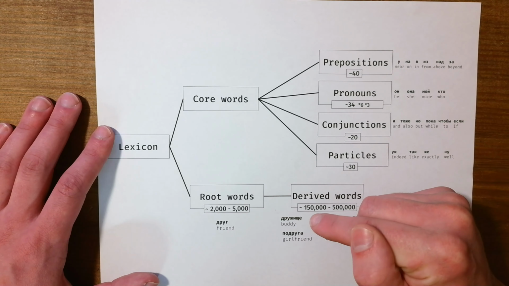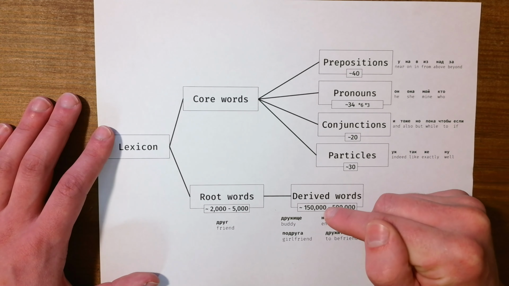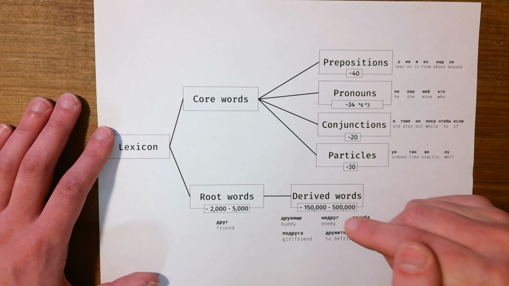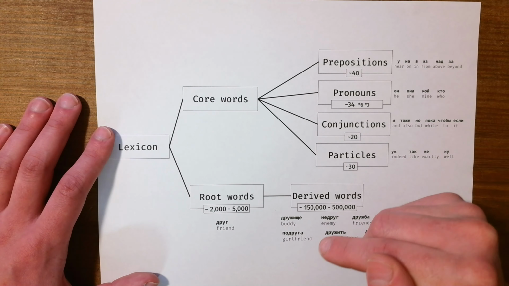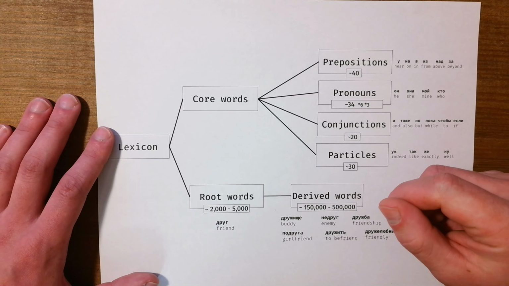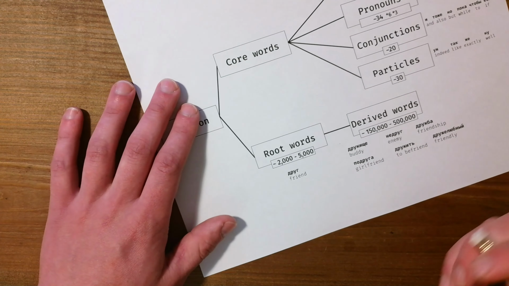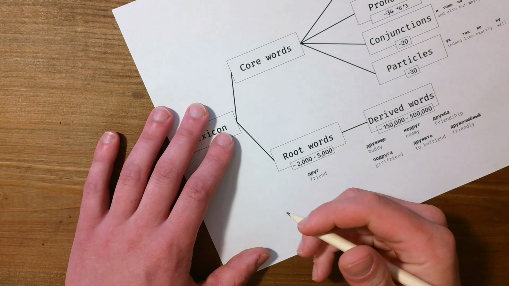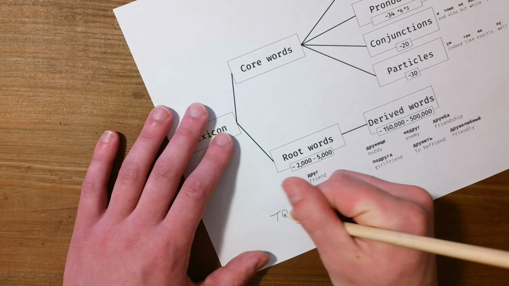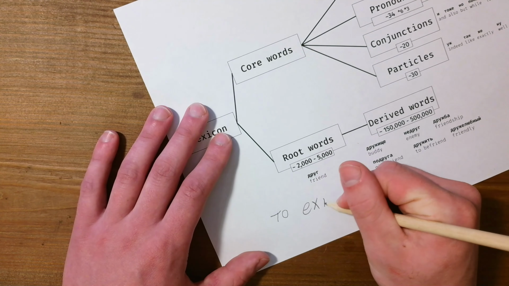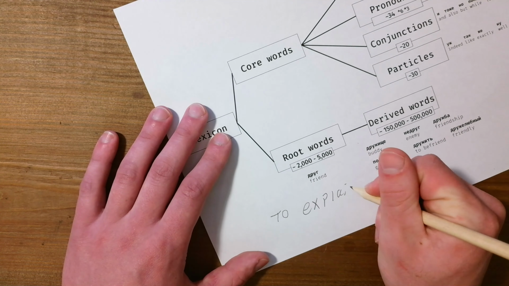There's at least 150,000 of these derived words, but the figure is actually unlimited because they're always being made, often subconsciously. For example, take the verb to explain.